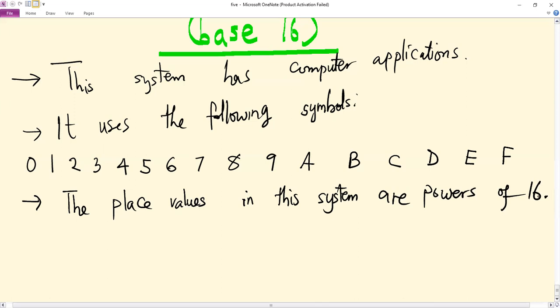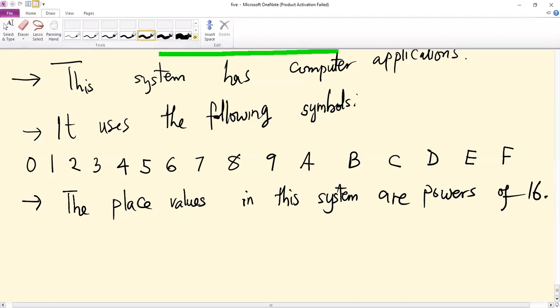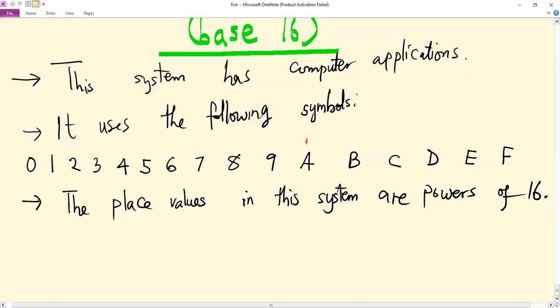So let's do some examples. Remember that the number 10 in this hexadecimal system is represented by A, 11 is represented by B, 12 by C, 13 by D, 14 by E, and 15 by F.